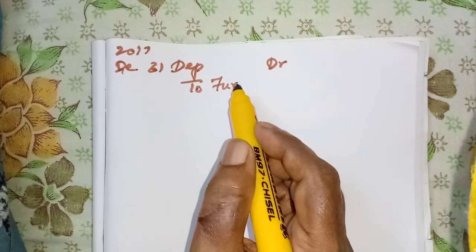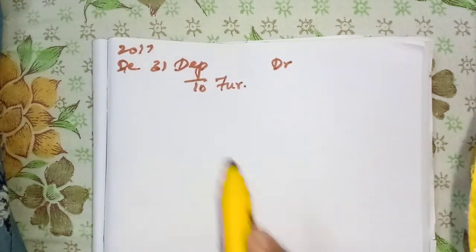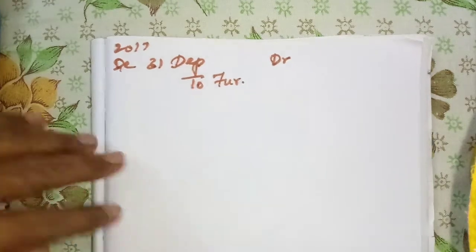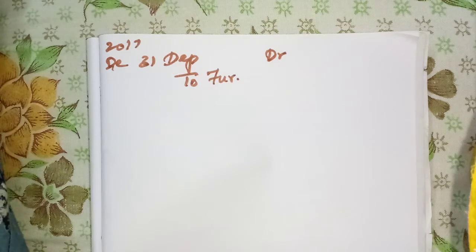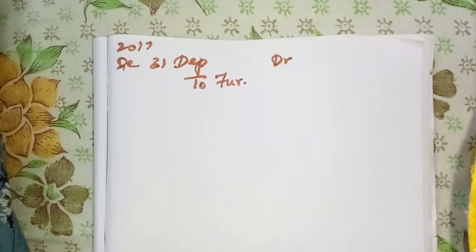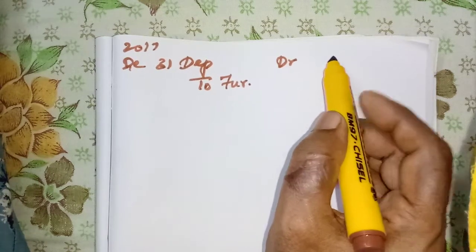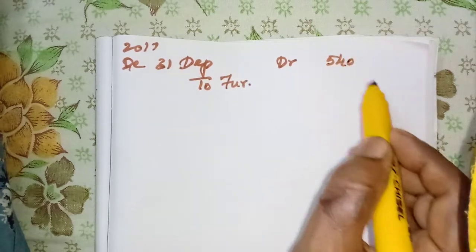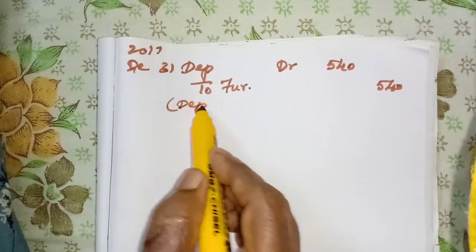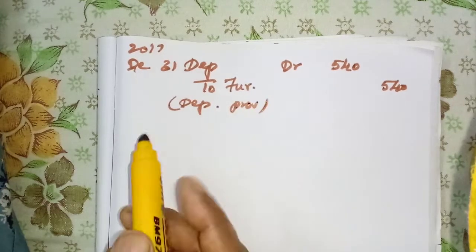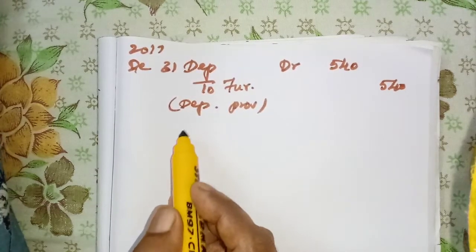Okay, now we need to calculate the depreciation, that we need to deduct the 600 from 6,000. How much we will get? 5,400. 10% we need to reduce, so 540. Okay, depreciation provided.